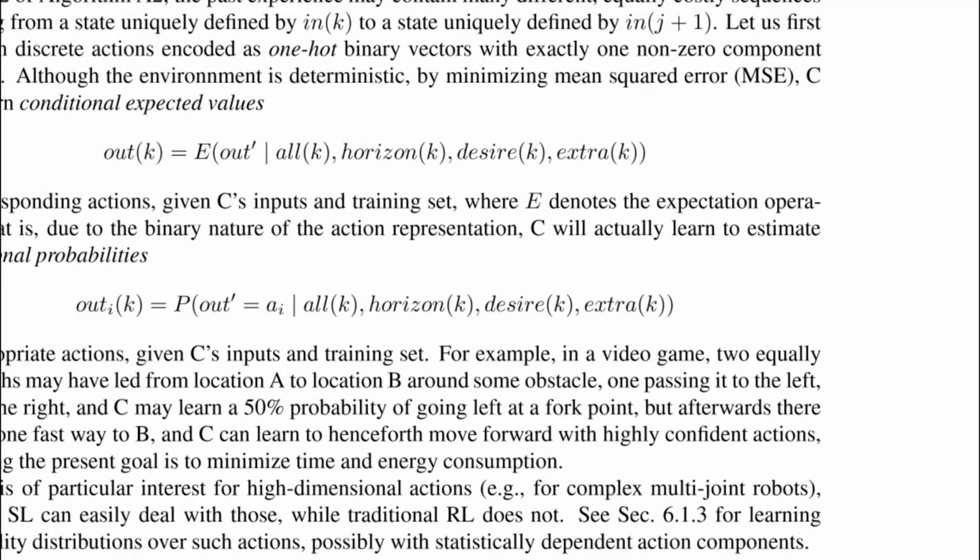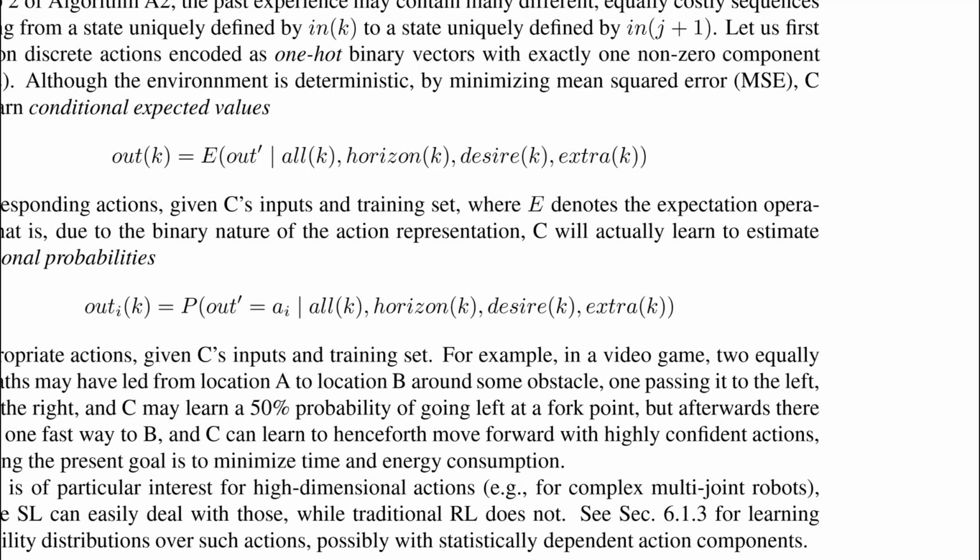So here you see what you will learn is to map all, and all is your representation of your input, so the screen, for example, or the chessboard, and I think also the last action and the reward you get in this step, plus your horizon and desire, so in how much time you would like to achieve how much reward.